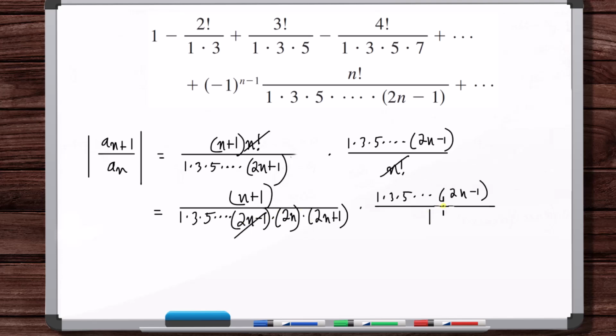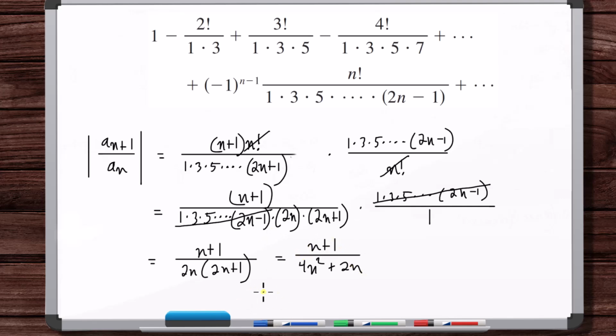Okay, so all of this cancels, right? So you're left with 2n times 2n plus 1, and then, all right, so we've got 4n squared plus 2n.